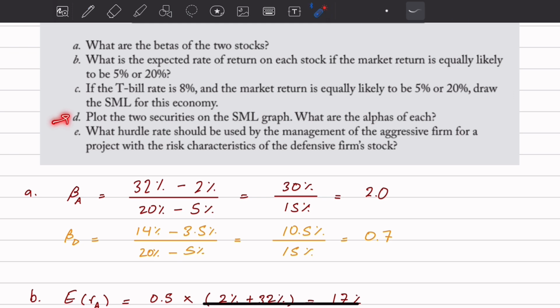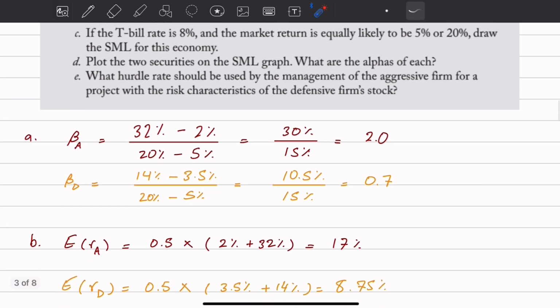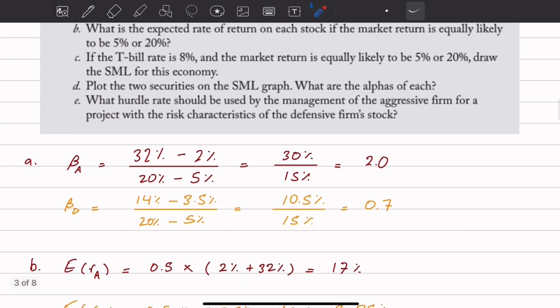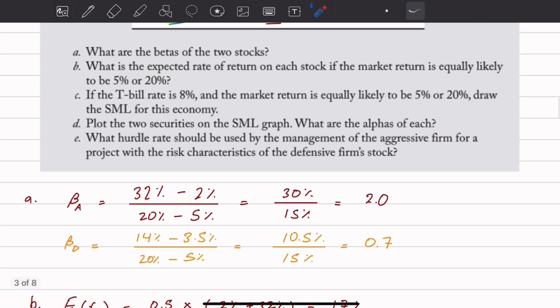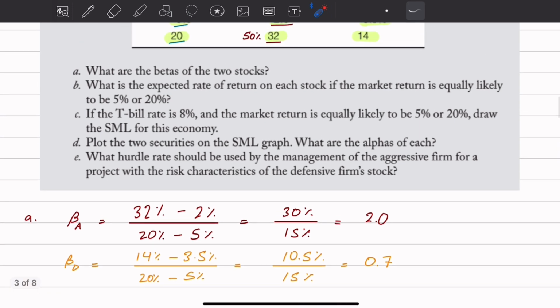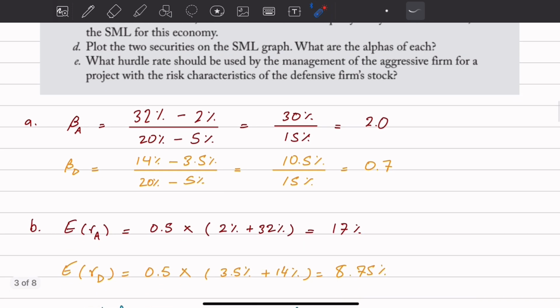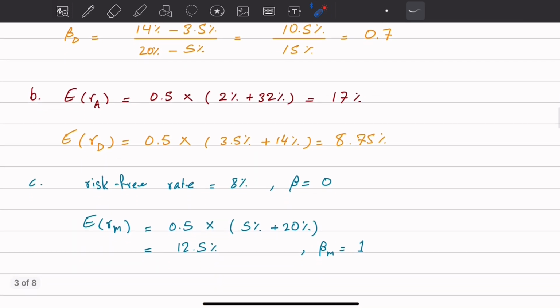It says, plot the 2 securities on the security market line graph. What are the alphas of each? Okay, so now we have our 2 securities, the aggressive stock and the defensive stock.